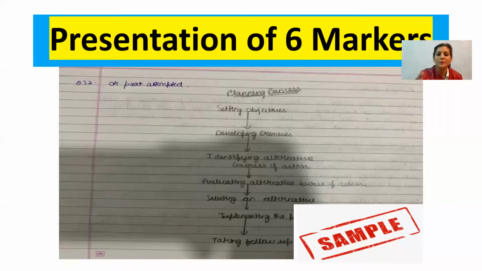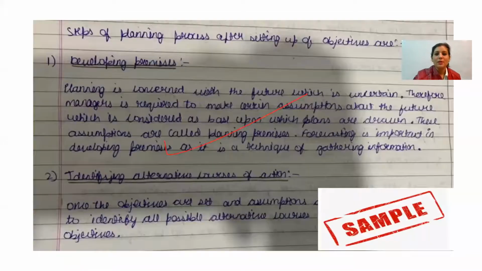If there is a planning process in a 6 mark question, use a flowchart to present this answer, and use one entire sheet, one complete sheet, to draw the diagram, and then start your explanation from the next page. Do not start your new answer from the last few lines.